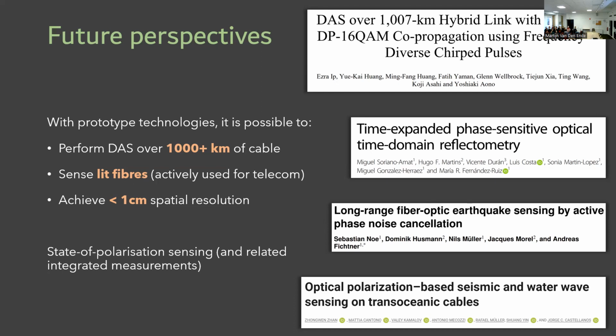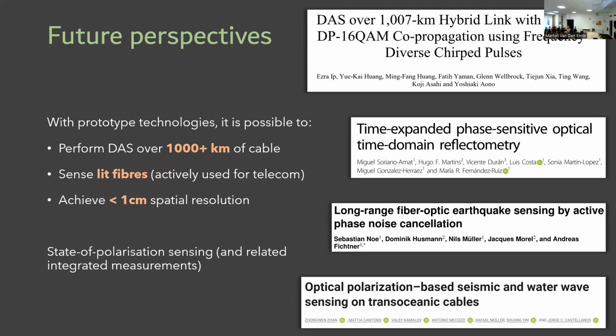And something that we just discussed over coffee with Jean-Mathieu was that there are also different types of sensing that you can use. For instance, this is called state of polarization, or SOP sensing, which measures not scattering, but the light that actually comes out at the other end.